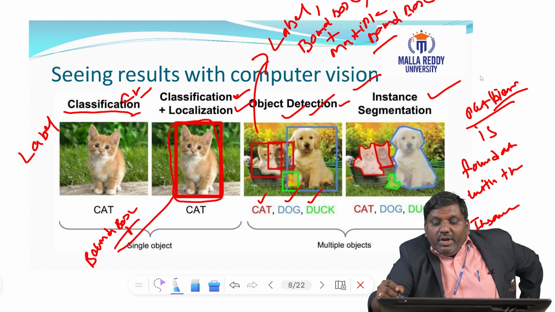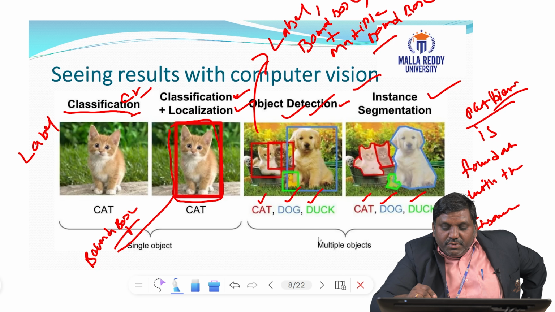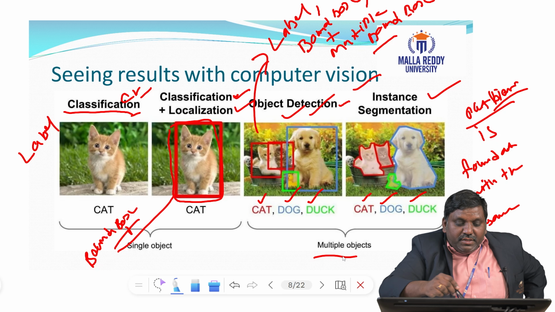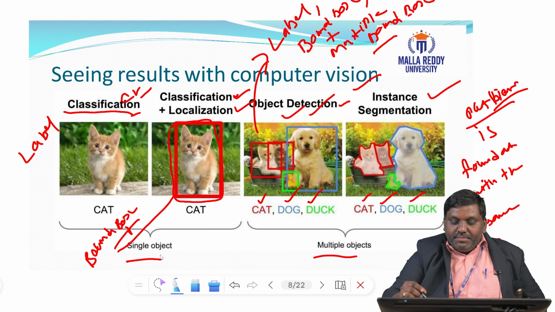How many outlines are there? Based upon these outlines, it is matching, and the output may be the same cat, dog, and duck. So these two are used for detecting multiple objects, and this one is used for detecting single objects.